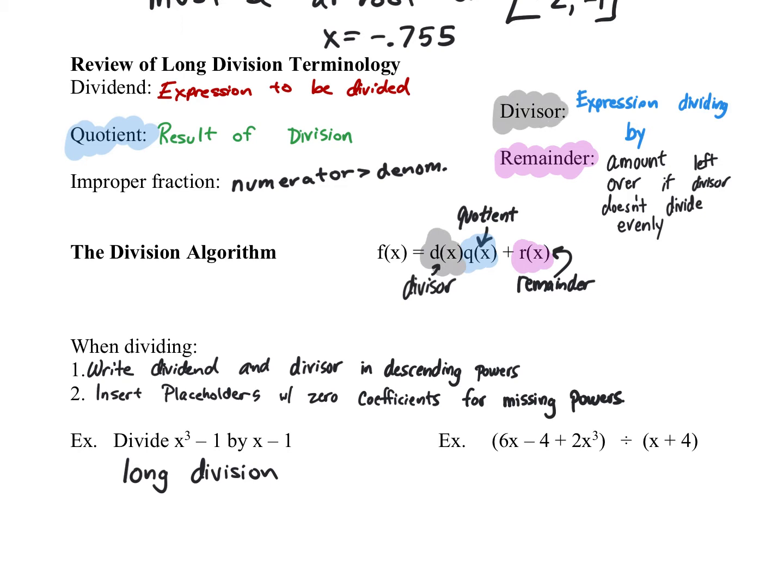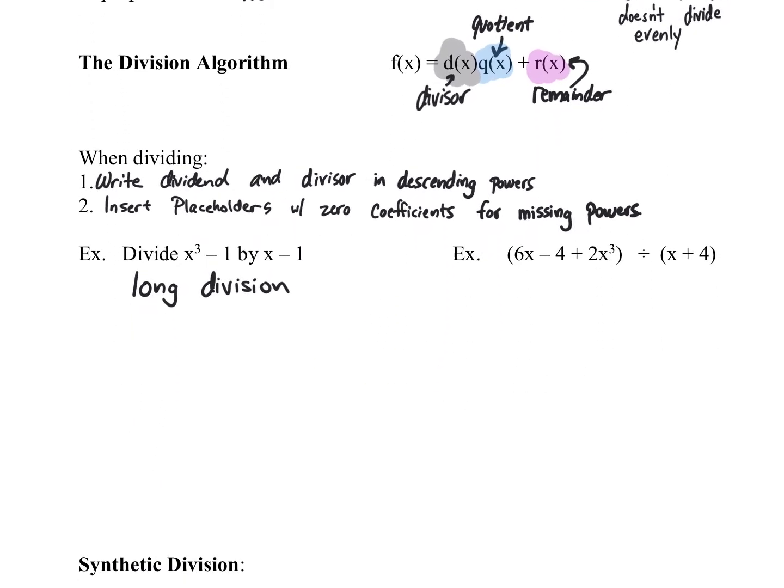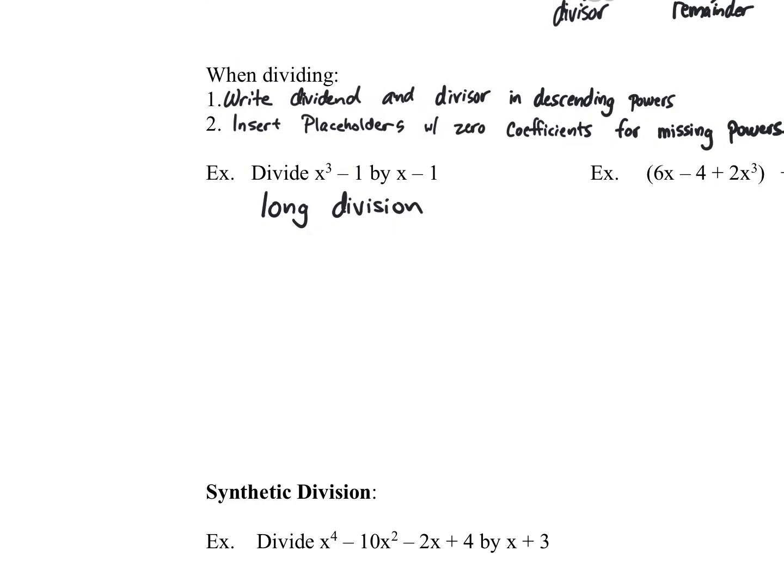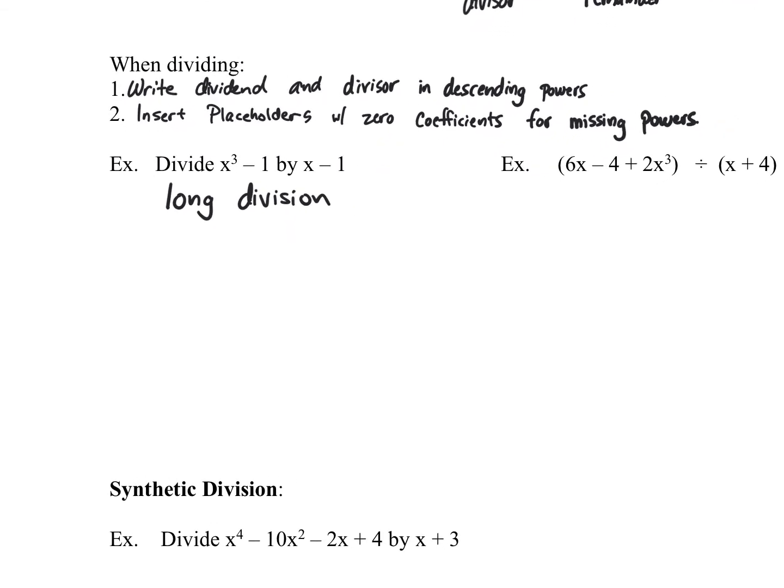We know fundamentally that division and multiplication are related. When we divide, we write the dividend and divisor in descending powers, making sure we insert any placeholder zeros with any coefficients. So I'm going to demonstrate this first example step by step, and then I'll let you try the next one on your own.